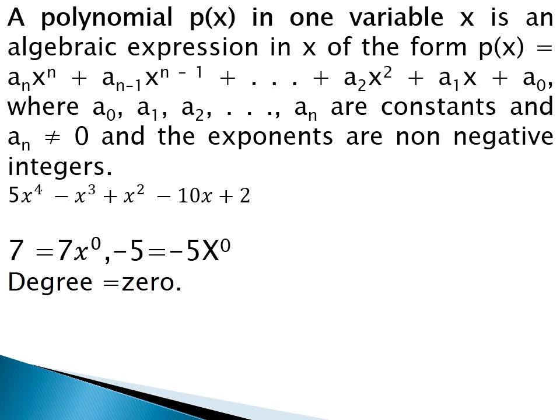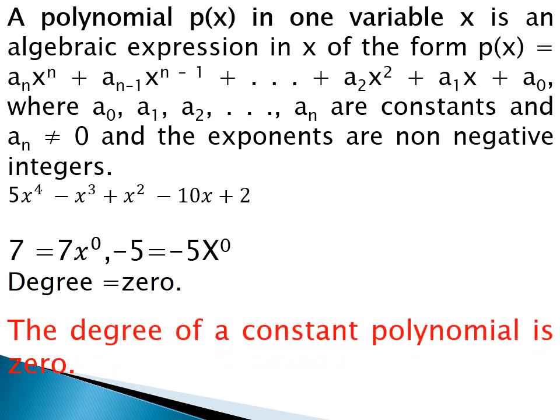Now my question is, what is the highest power of this polynomial? It is 0 only, so the degree equals 0. The degree of a constant polynomial is 0. What is the degree of a constant polynomial?